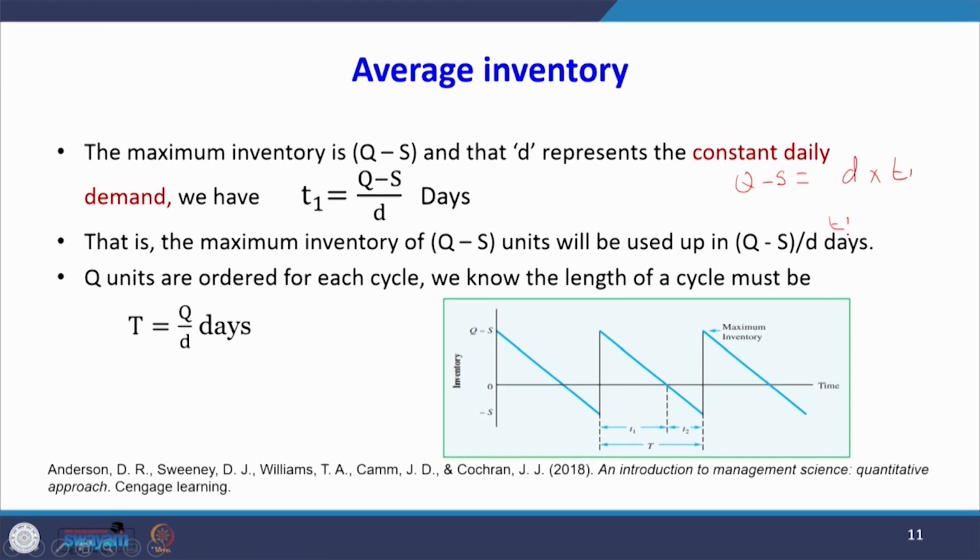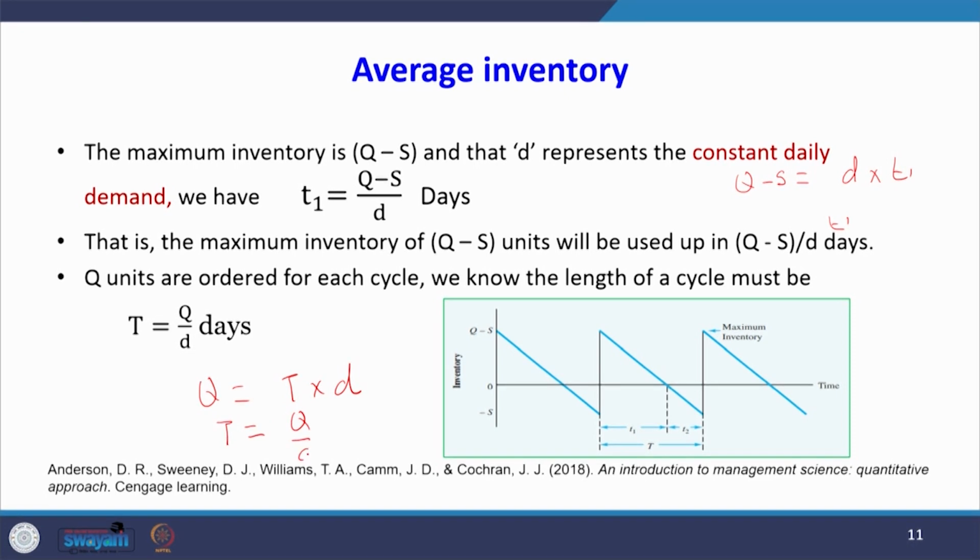Another expression we are going to find is for capital T. We know that Q units are ordered for each cycle, so Q equals the length of the cycle T times the per day demand. From this expression we can find T. What is T?